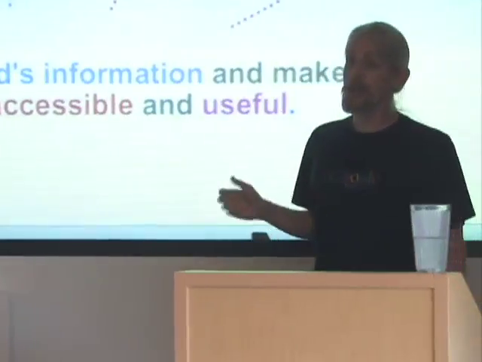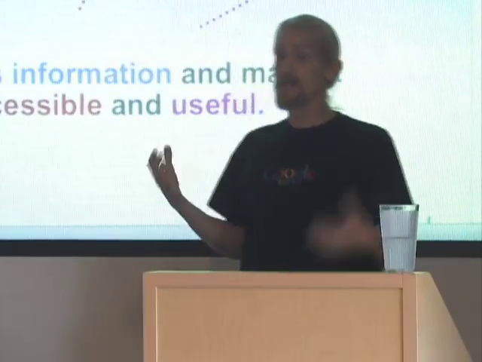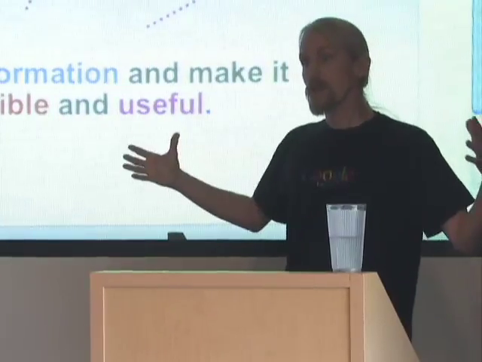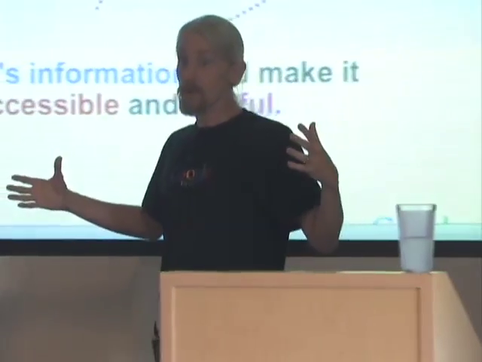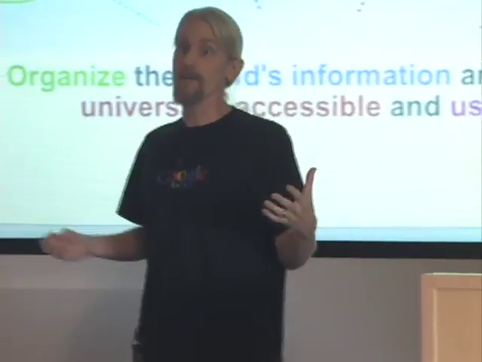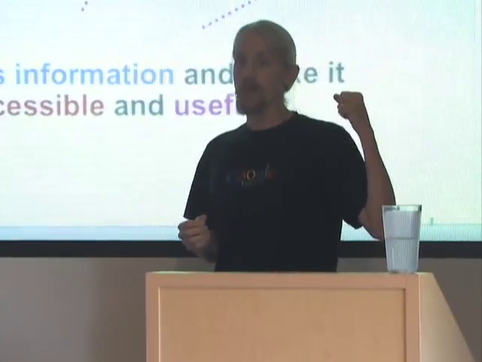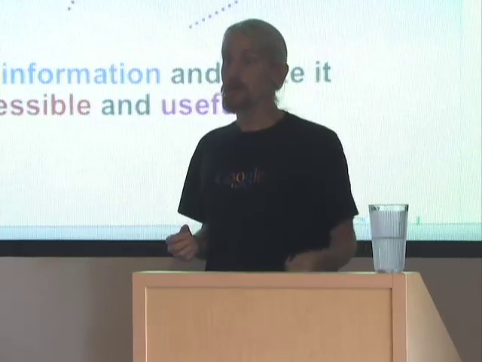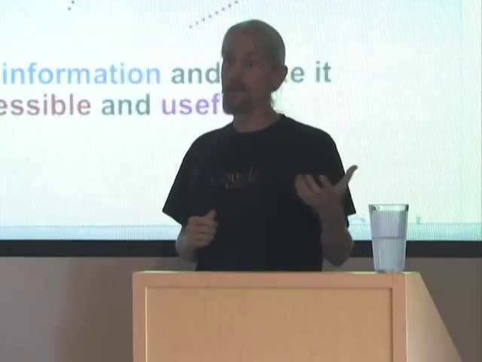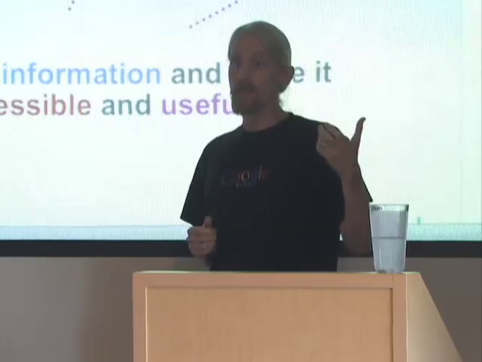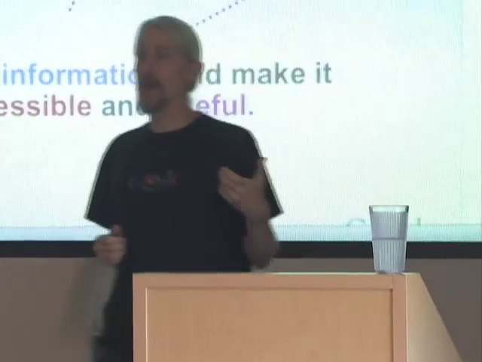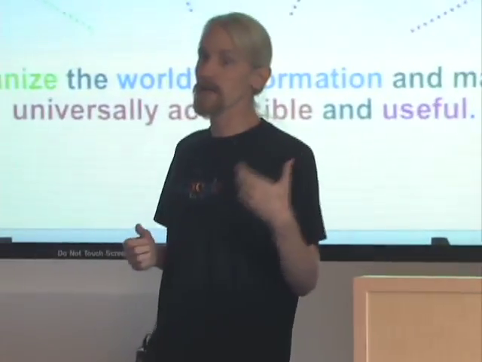Universally accessible is a big challenge for us. Many people in the world, particularly in the developing world, don't have access to laptop computers or desktop computers. They're primarily accessing information using cell phones and with very slow internet connections.